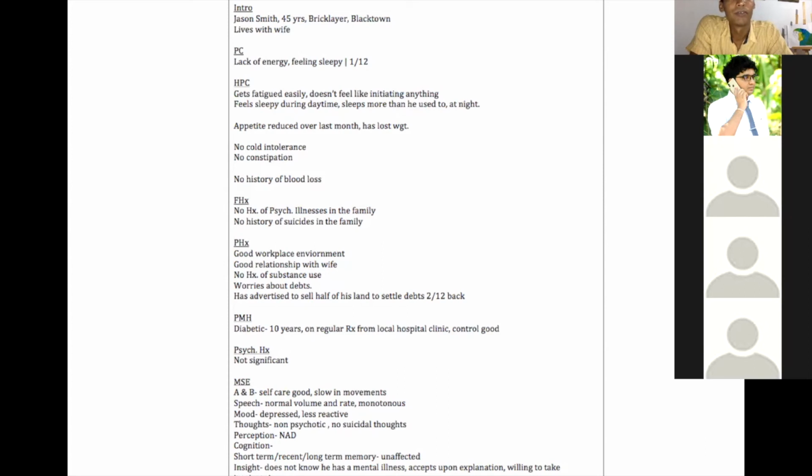Yeah, that's a common thing. How would you differentiate? You can ask for other very specific symptoms of schizophrenia. I mean, you don't have diagnostic symptoms of schizophrenia, but what are the symptoms that lead to a diagnosis of schizophrenia?